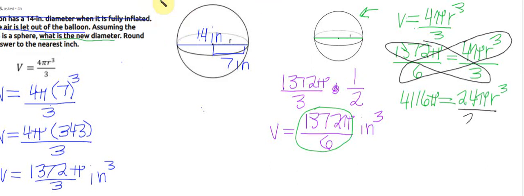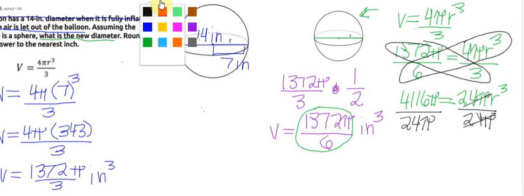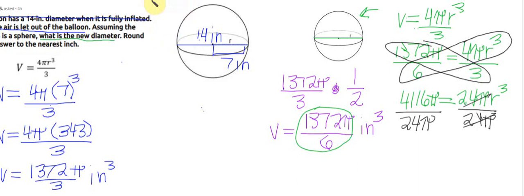Let's divide out 24 pi from both sides so that we can get our r variable alone. Remember, our goal is to find that variable. So our pi's will cancel out, and then we will get 4116 divided by 24 is 171.5 equals r cubed.